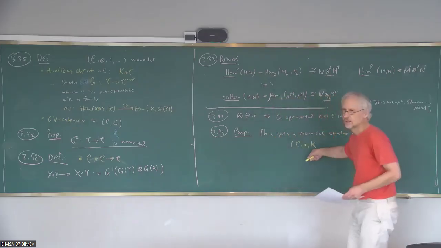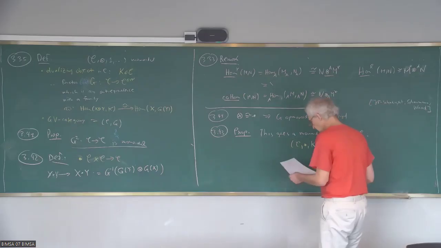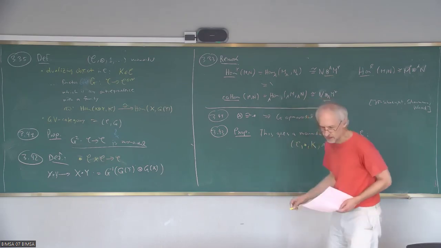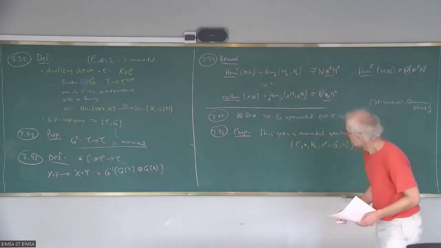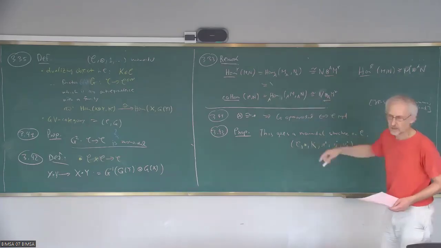It turns out the dualizing object K is the monoidal unit for the tensor product, and then we have unitors and associators for that, which actually can be easily expressed in terms of the unitors and associators.